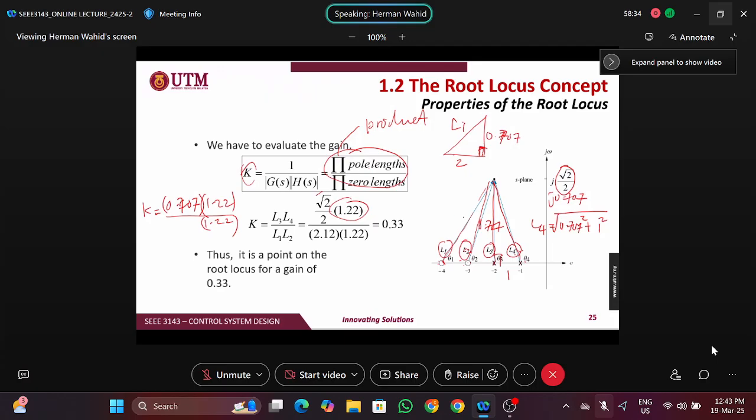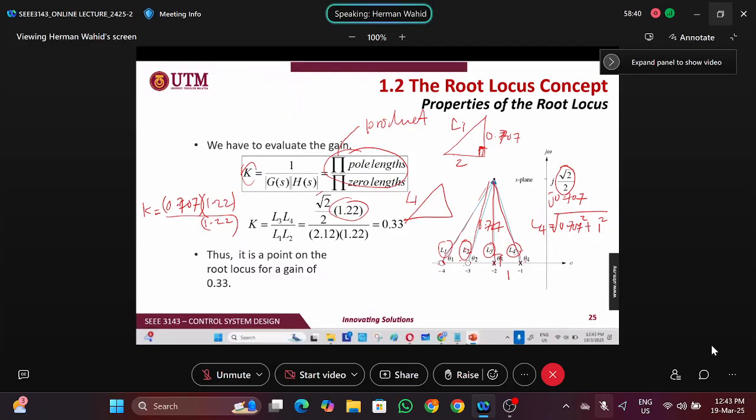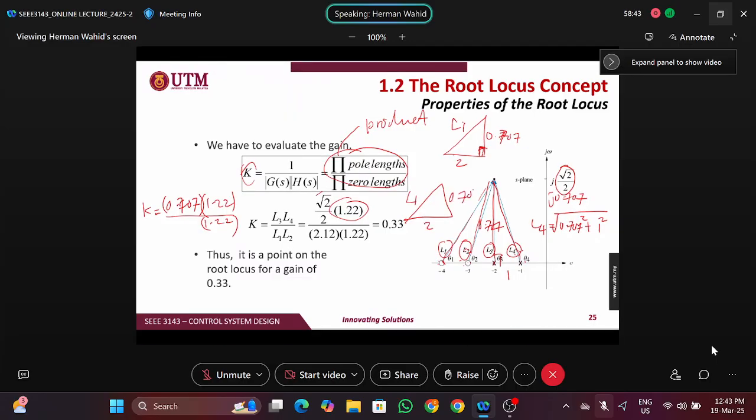So L1 here is 2, here is 0.707. Then we got L1 by using the square root of 0.707 squared plus 2 squared. So we got 2.12.